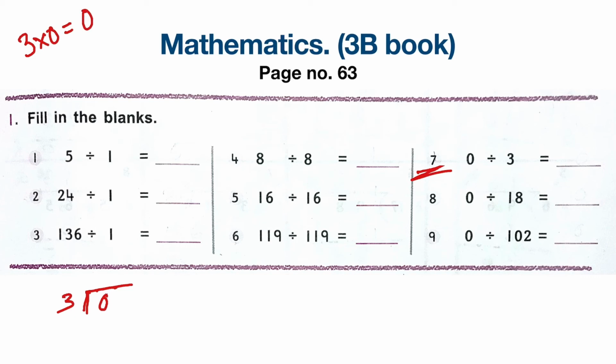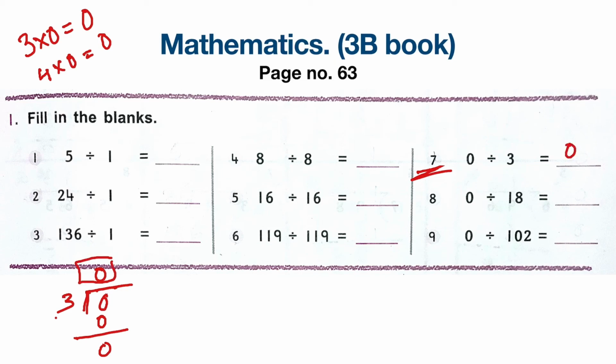Okay, it is not just only about 3, any number. Suppose 4 when we multiply it with 0, the answer will also come out to be 0. All right, so here you look, 3 into how many times is equal to 0? It is of course 0. The remainder will also be 0. So the answer here is this one, that is 0.